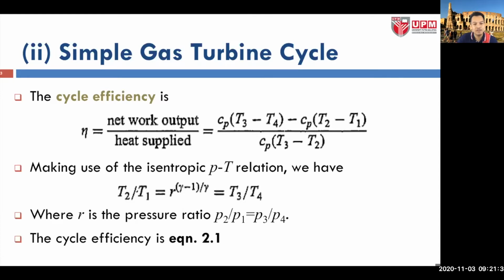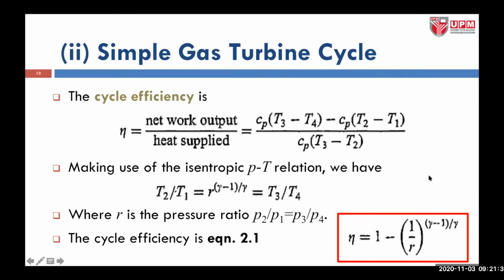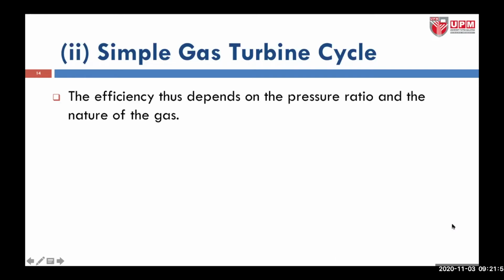And the cycle efficiency equation can be written here: zeta equals 1 minus 1 over R to the power of (gamma minus 1) divided by gamma. The efficiency thus depends on the pressure ratio and the nature of the gas.